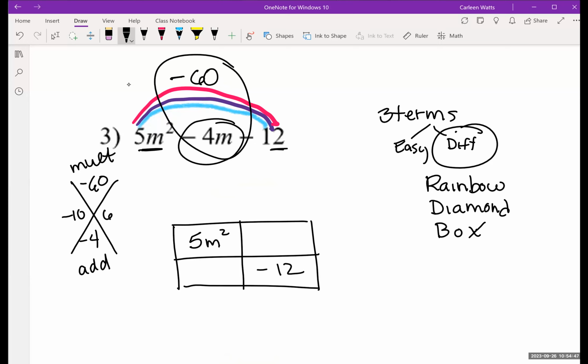I need to split it between the two boxes. How am I going to split it? I use the diamond to show how I'm going to split my middle term. So I put m's here and I put negative 10m and positive 6m.